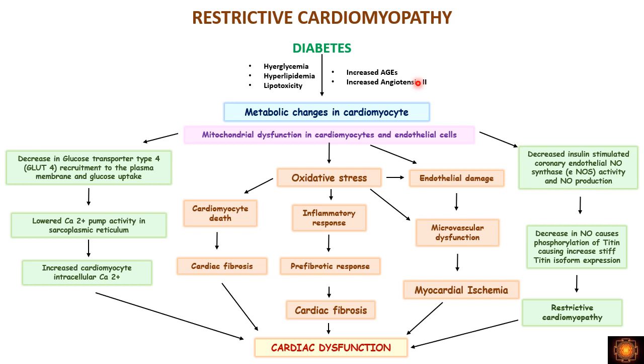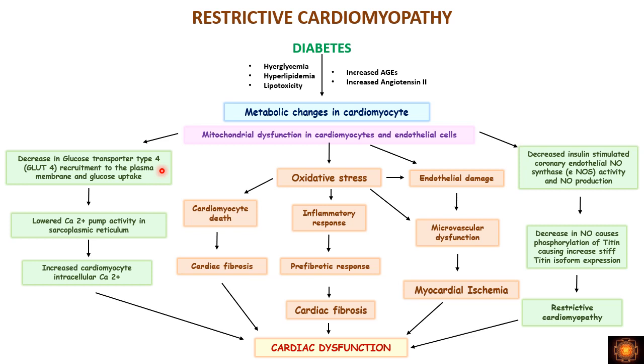Here in the myocardiocytes, we have metabolic changes because of mitochondrial dysfunction. Because of the mitochondrial dysfunction, the first thing that happens is there will not be the recruitment of the glucose transporter type 4 molecules on the membrane. If these transporters are not recruited on the membrane, glucose cannot enter into the cell.